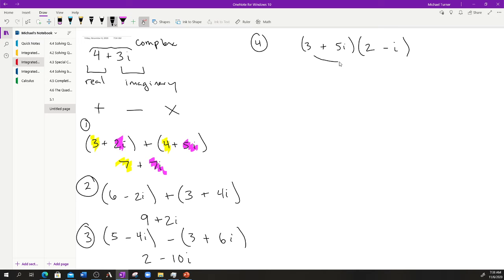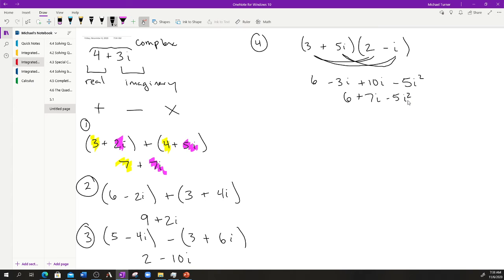I personally do FOIL, so you're doing 3 times 2, and then 3 times negative i, and 5i times 2, and 5i times negative i, which would give you negative 5i squared. Once you do that, you're going to combine your like terms, so negative 3 plus 10, which would give you 6 plus 7i minus 5i squared.